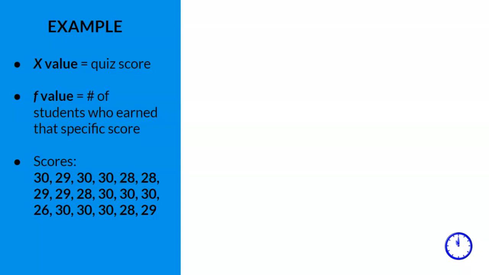Recall that X value is the quiz score, and the frequency value reflects the number of students who earn that specific score. The syllabus quiz scores are also listed here. I encourage you to pause the video and attempt to create an ungrouped frequency table on your own using the steps provided. Resume the video when you're done to review your answer.